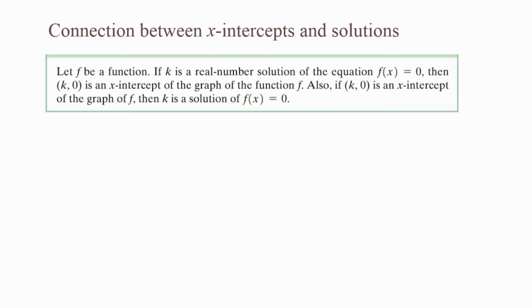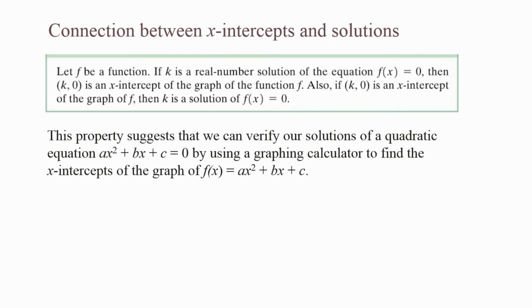Connection between x-intercepts and solutions. Let f be a function. If k is a real number solution of the equation f of x equals 0, then the ordered pair k, 0 is an x-intercept of the graph of the function. Also, if the ordered pair k, 0 is an x-intercept of the graph of f, then k is a solution of f of x equals 0.